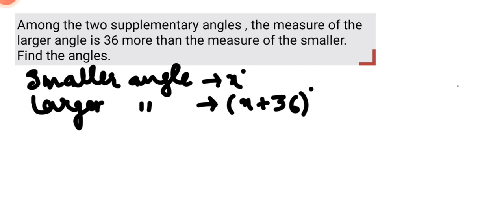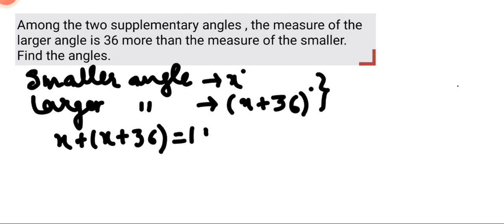Now, students, according to the question these two angles are supplementary angles, and we have studied that for being supplementary the sum of these two angles, that is x plus x plus 36, should be equal to 180 degrees.